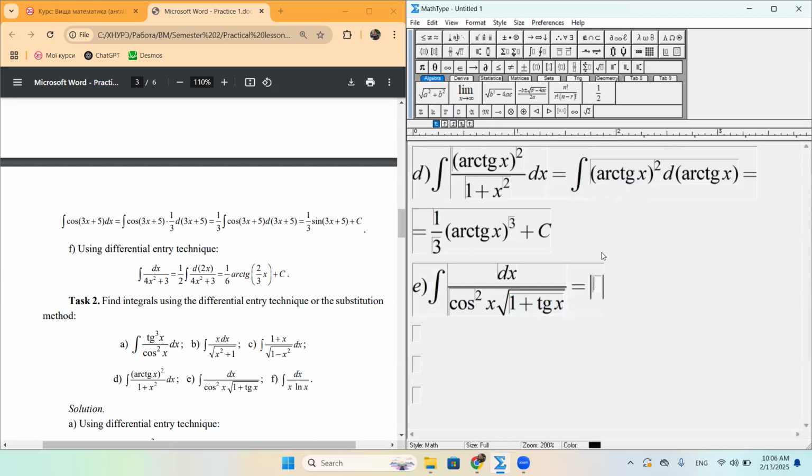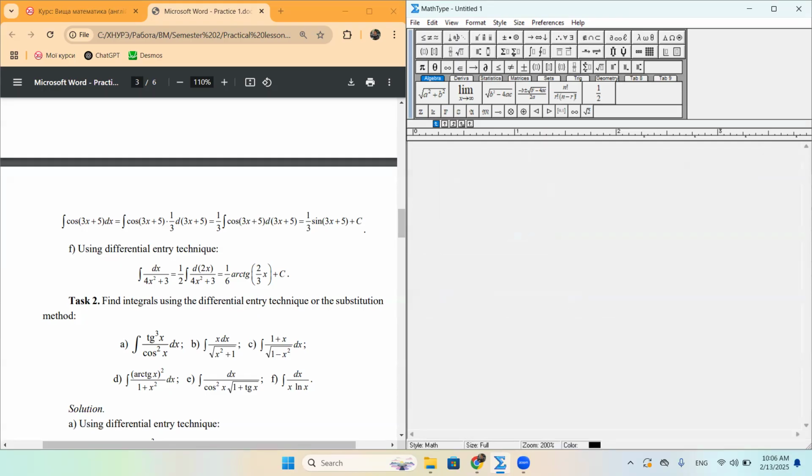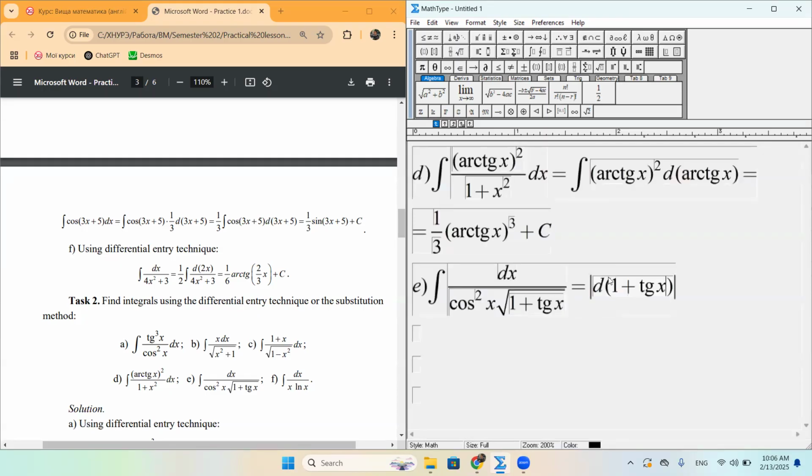So the differential of this expression equals dx by cosine squared of x.